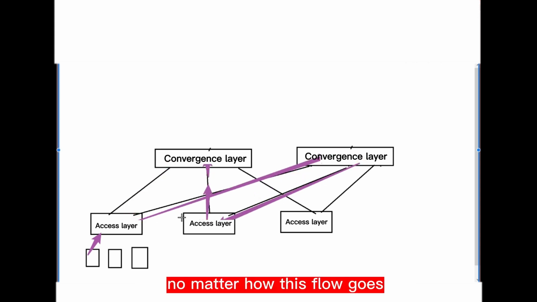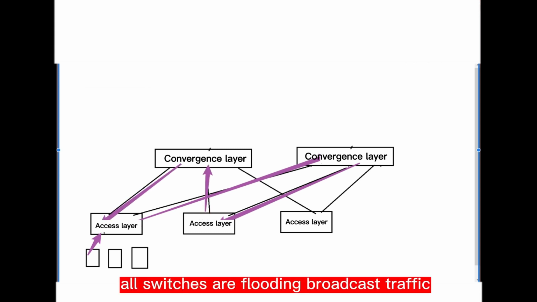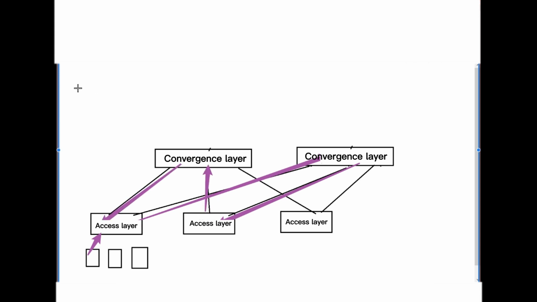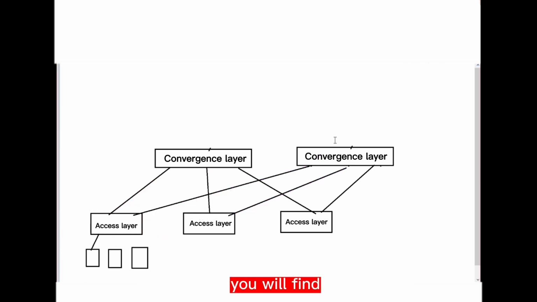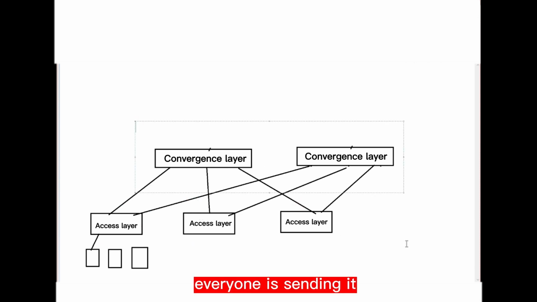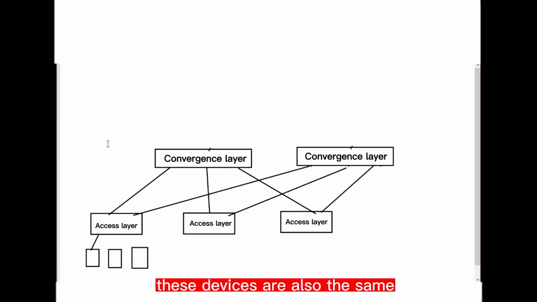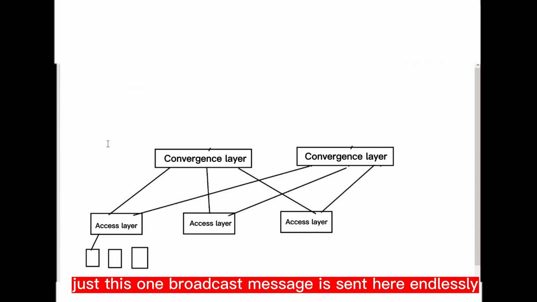No matter how this flow goes, all switches are flooding broadcast traffic. Then the switch sends a data packet, and you will find it keeps flooding. Everyone is sending it, and these devices are also the same. Just this one broadcast message is sent here endlessly.